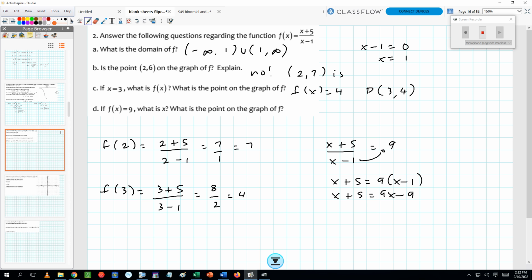I'm going to take the x over, the 9 over here, divide out the 8. Let's see, I'll have 14 over 8, which will reduce down to 7/4. So what is x? X is 7/4. What is the point? X first, y second.